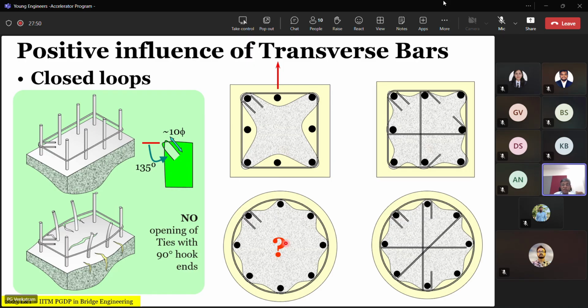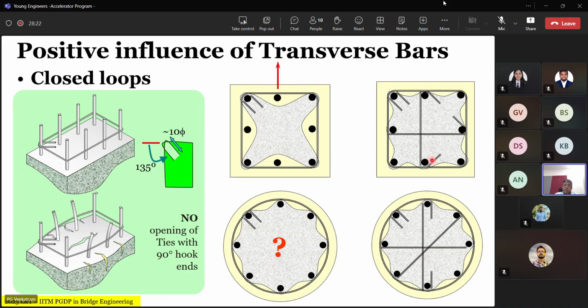You can discuss among yourselves and then send me what the confinement area would be if I had only the outer circular bar, which acts as a tie, versus this. You will have a tie zone like this, but it is very tedious to provide. But as opposed to this, if I do this, what will be the effective confinement to the concrete? You should think about it and let me know in the next class.